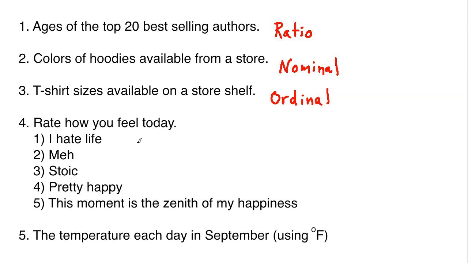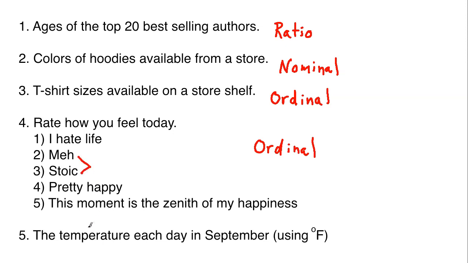All right, rate how you feel today. And you've got options 1, 2, 3, 4, and 5, which I read through earlier. This is also ordinal, and this one can confuse some people. The reason this is ordinal is that even though there are numbers, I can't get a specific measurement, let's say between meh and stoic.